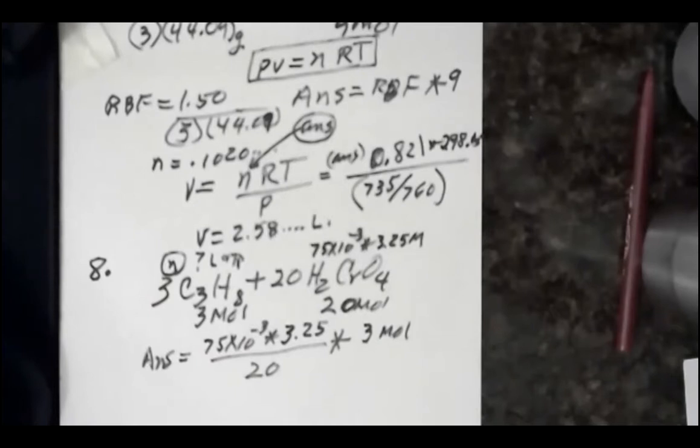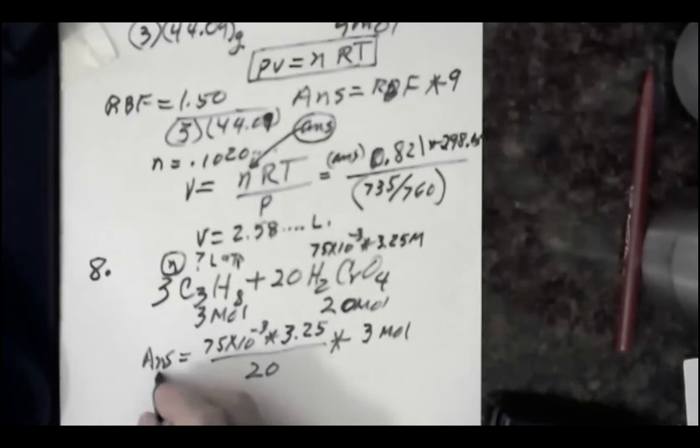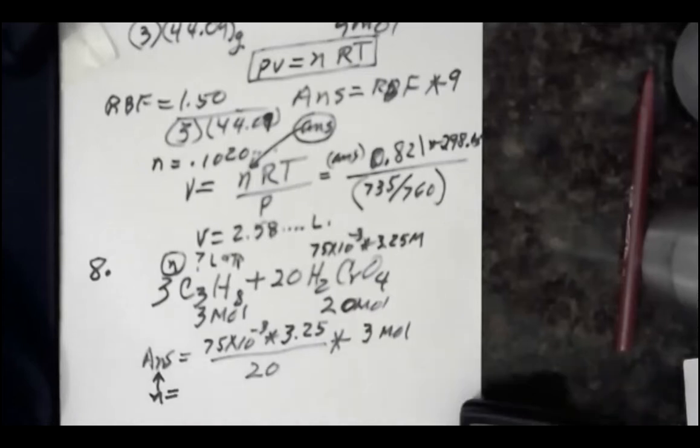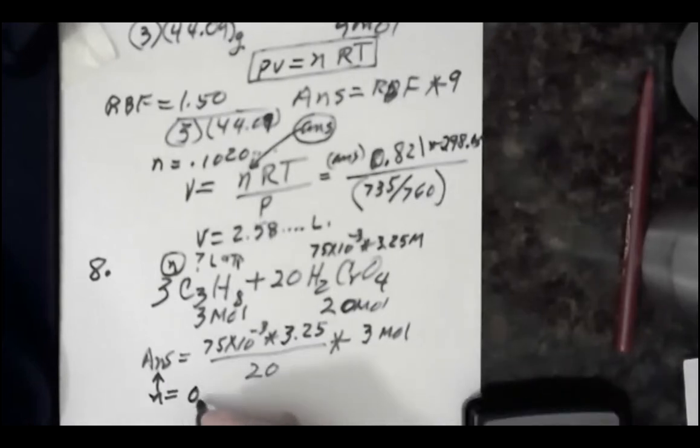So I get 75 with an exponent of minus 3 times 3.25 divided by 20 is that number, multiplied by 3 is that number. So my answer here, N, I don't need to write it down, but I will for your sake, it's 0.0365 and a bunch of other digits.